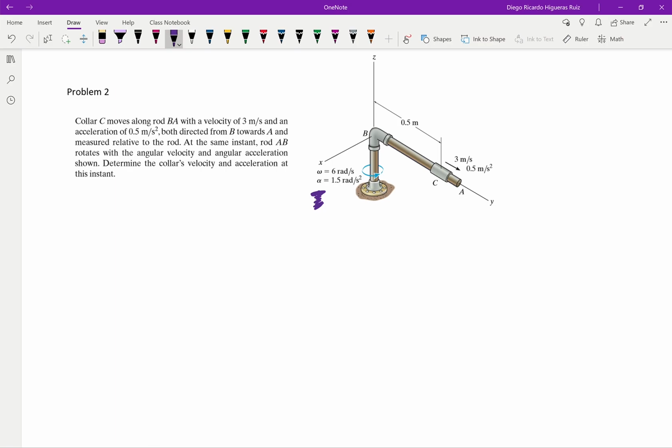At the same instant, rod AB rotates with the angular velocity and angular acceleration shown. So this data right there. Determine the collar's velocity and the acceleration at this instant.